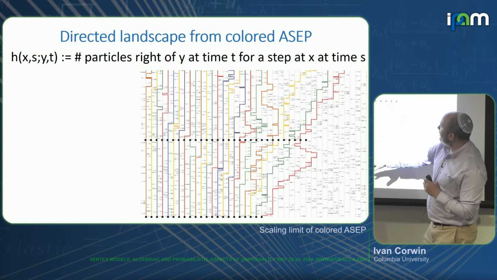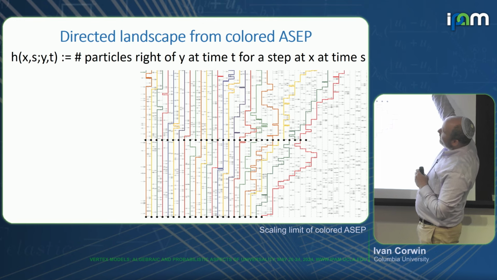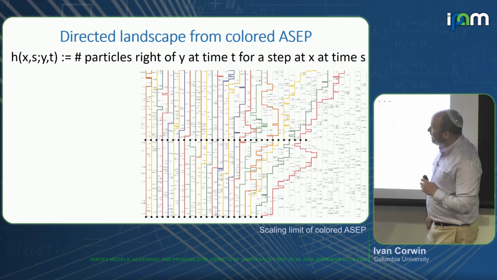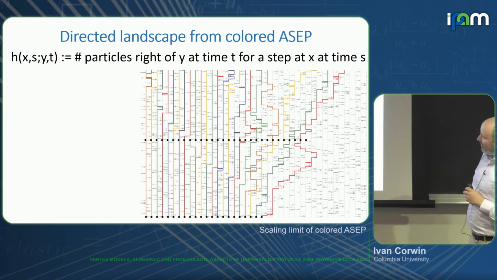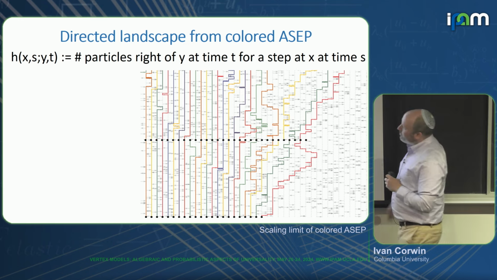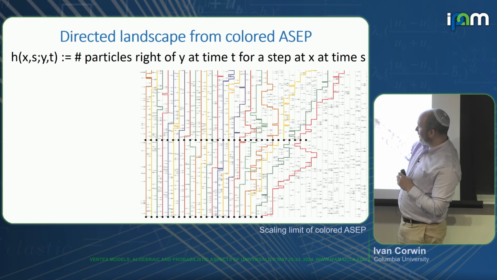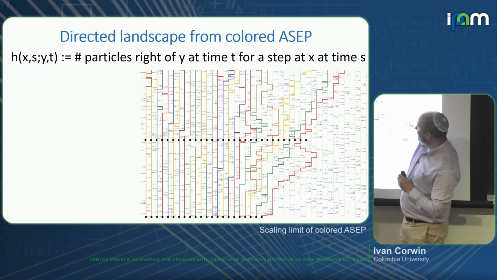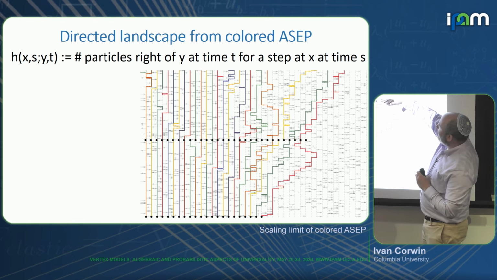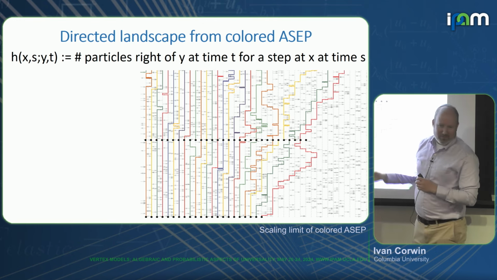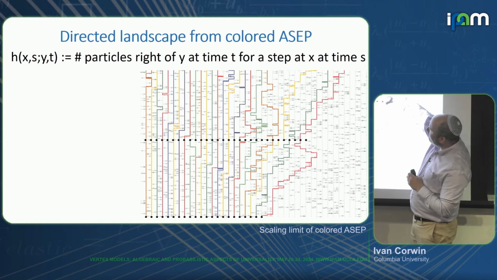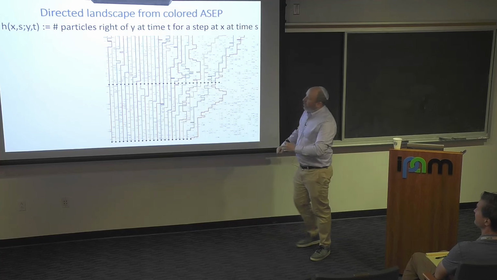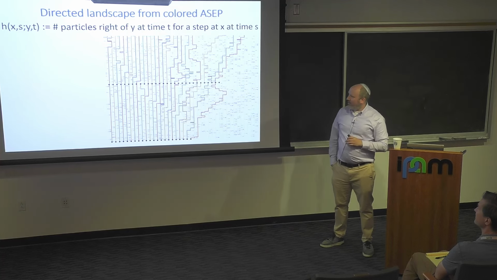Then I look at some later time t, at how many particles there are to the right of position y. That's what I call H(x,s;y,t). Now I can look at that for different values of s. Let's say this was s1 and now this is s2. I again run my evolution from some different value of x1. I haven't drawn it here because I was lazy. And I look at the joint law of these height functions over all values of x, y, s and t.